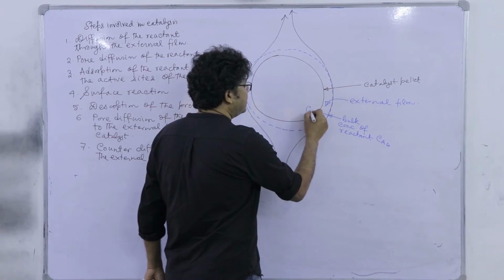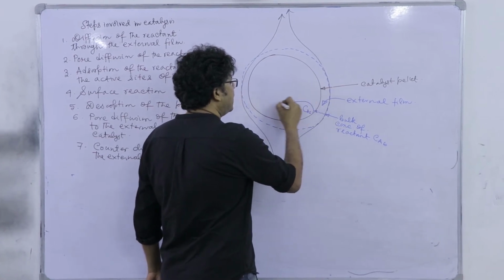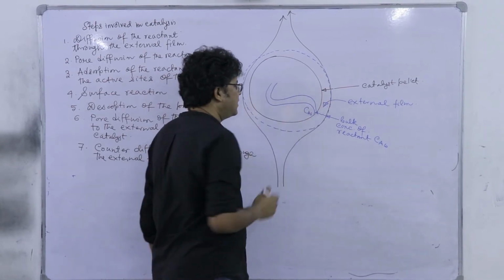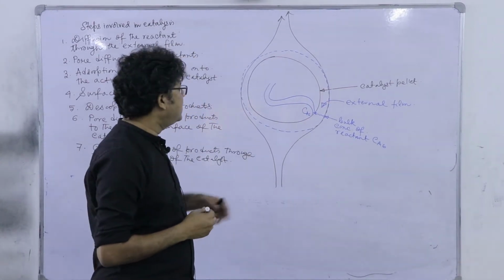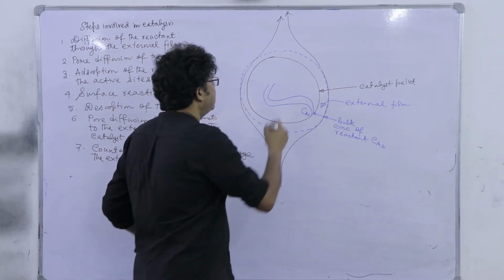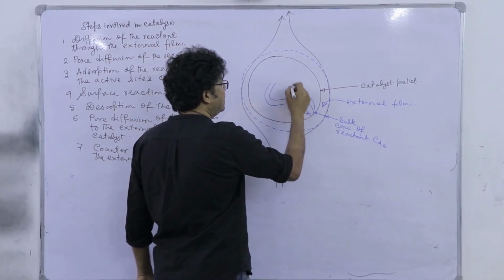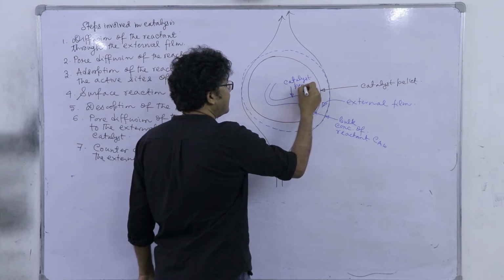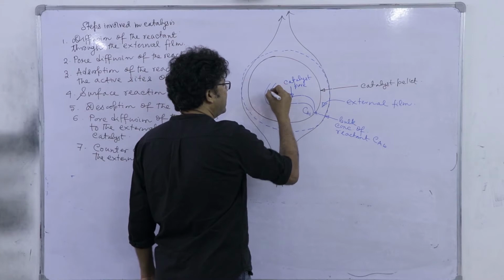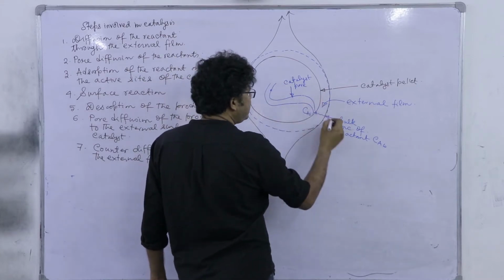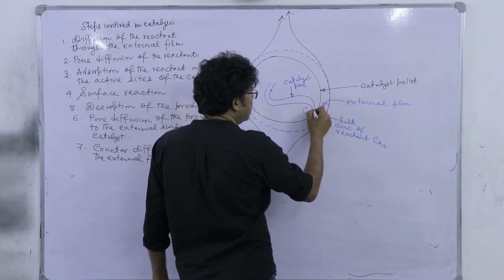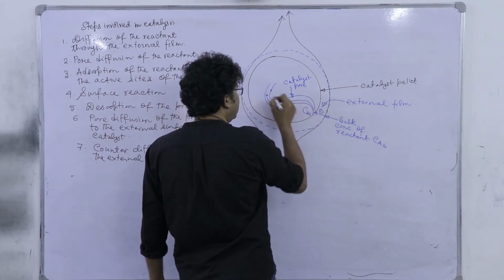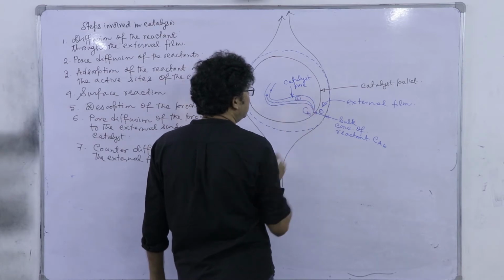So, this is C A S. Now, from here we will have a pore like this, though this is not the exact scale geometry, it is definitely scaled up. This is the catalyst pore. Let us say there is an active site here. So, this is step 1. Now it will reach the active site, so this is step 2.